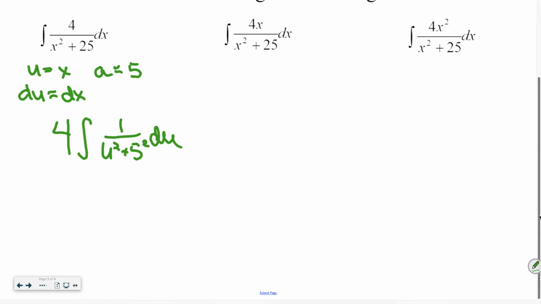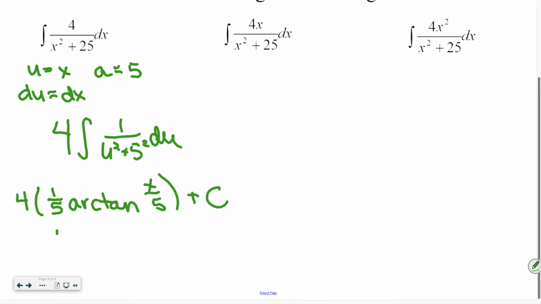That is the arctangent rule: 1 over a arctangent of u over a. And we know that u is x, so I'm going to replace it. So really we have 4/5 arctangent of x over 5 plus c.